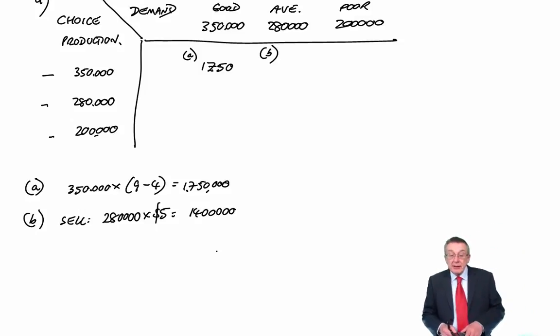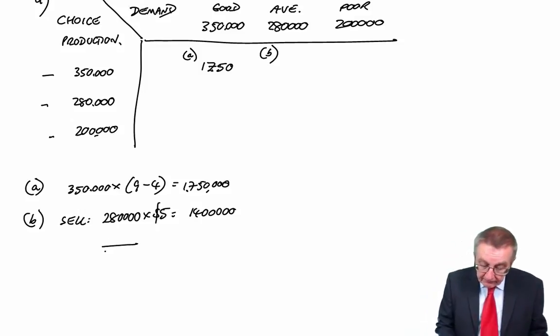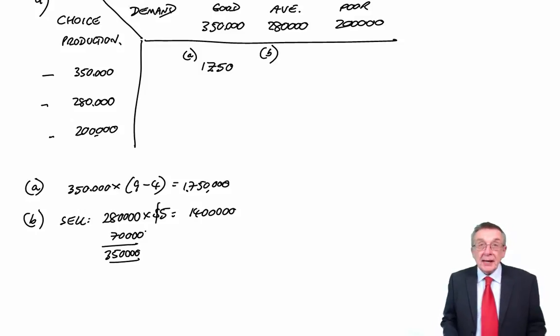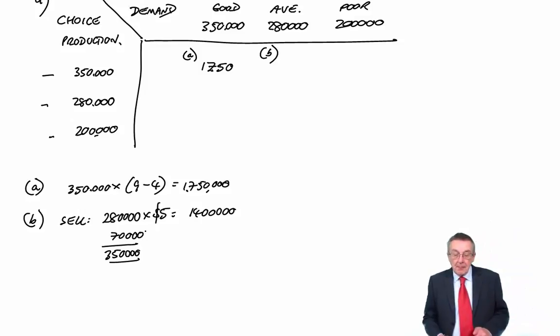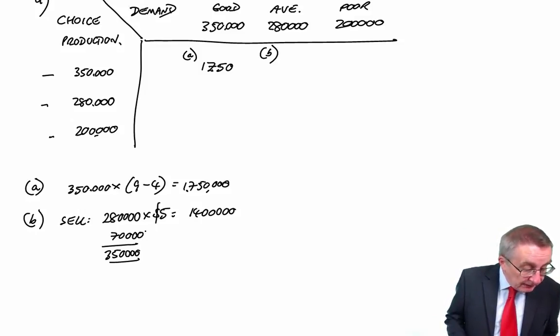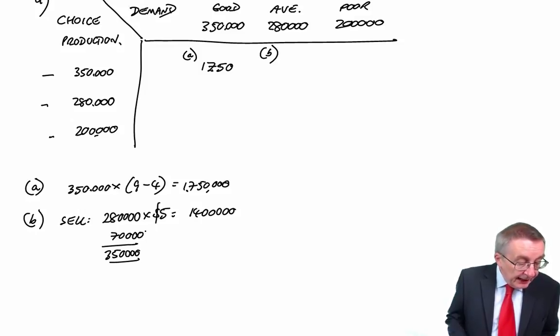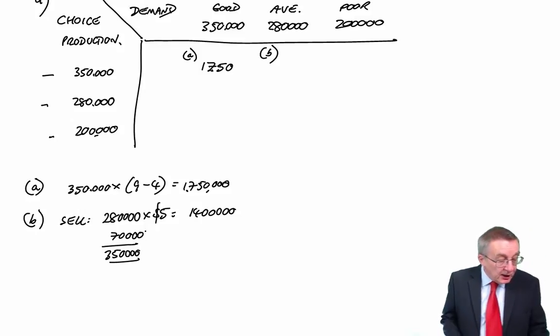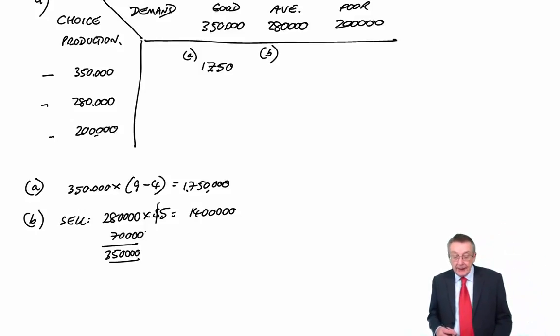But remember, if we've produced 350,000, that leaves 70,000, which we can't sell. And it says, any that are unsold, second sentence below the table, if cement is unsold at the end of the year, it has to be disposed of at a cost of 50 cents a bag.